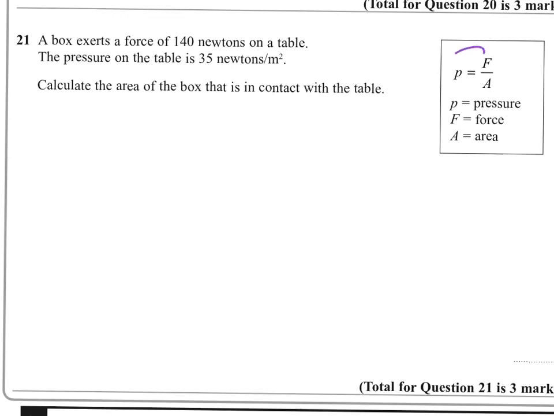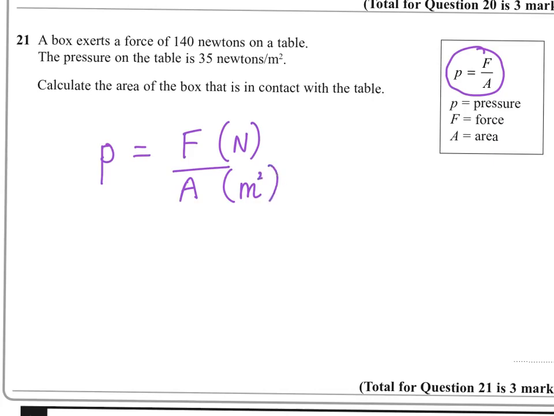But the nice thing about this question is it does tell you that pressure equals force, which is in newtons, over area, which you will know is usually in metre squares. And if you have newtons per metre square, that just means you'll have newtons over metre squares at some point, which is exactly what you have here.